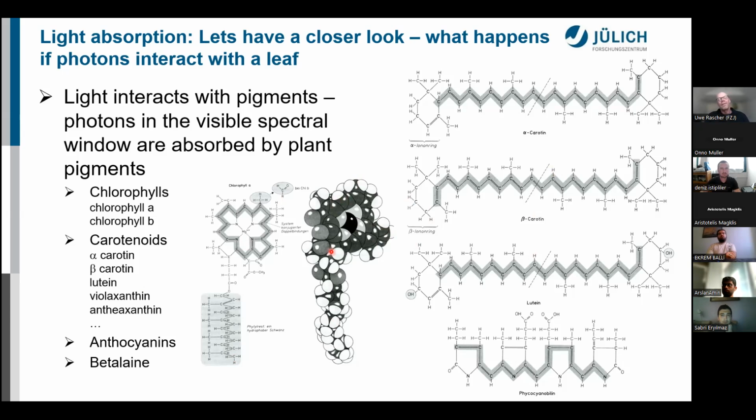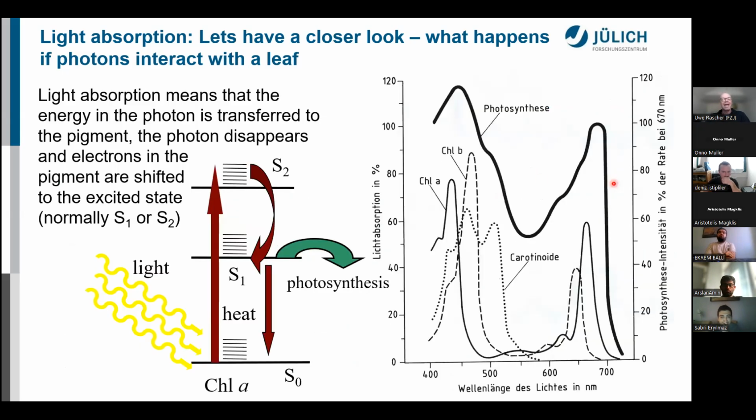And if you look at the chemical structure of these pigments, we see a pretty common scheme in most of these pigments, which enables them to interact with photons, which pass by with this nice speed of 300,000 kilometers per second. And these chemical schemes are able to interact with the photons and actually take over the energy of the photons.